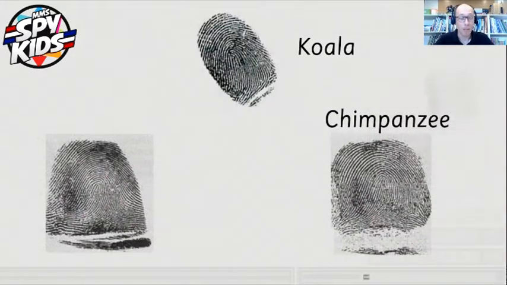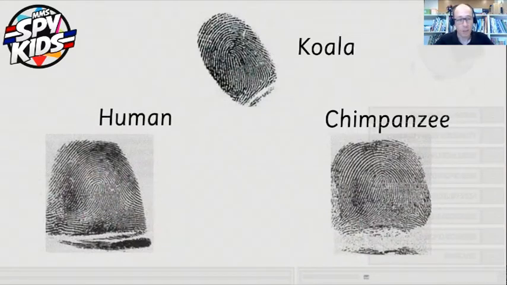This one is a chimpanzee. This one is human. As you can see, they are very similar. Similar, but not identical. And this is the magic about, or the science, should I say, about fingerprints. Fingerprints are never the same.